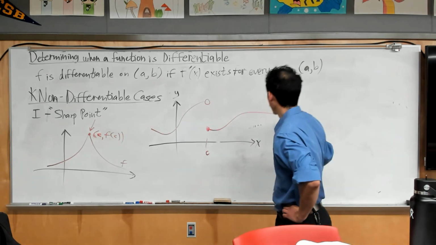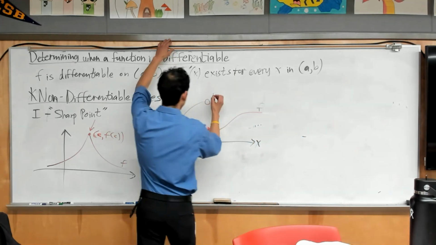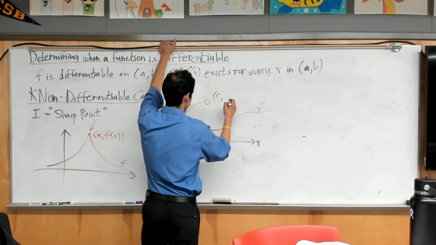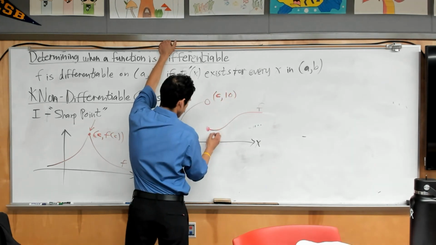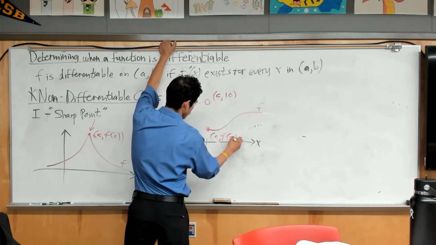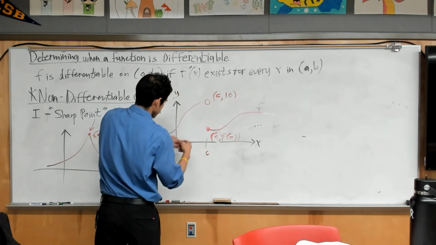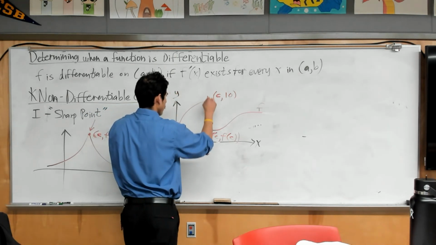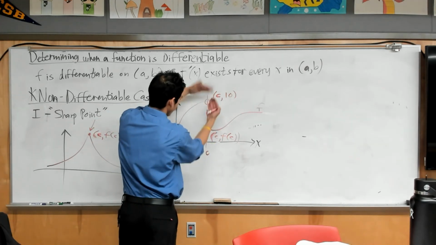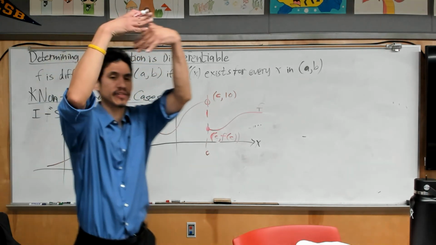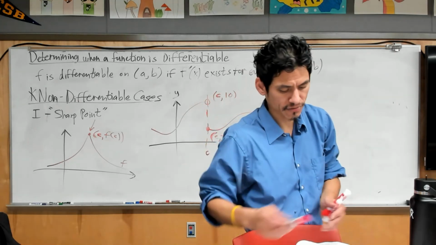So this could be C, comma, say 10, and this would be C, comma, f of C. It's obviously not going to be differentiable here because they don't even connect. It's like you're trying to hang out with your buddy and you're all disconnected. So it's not even continuous. You should know that intuitively.